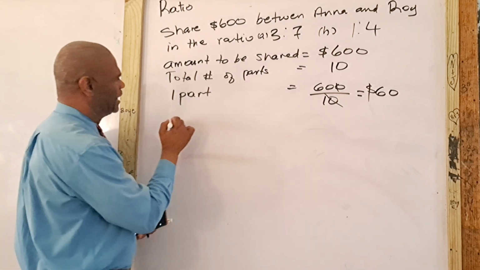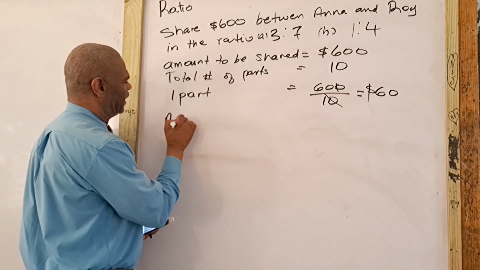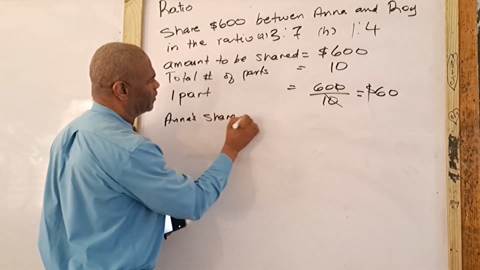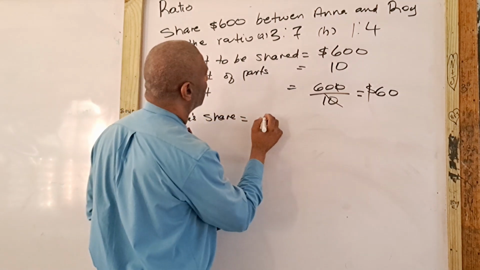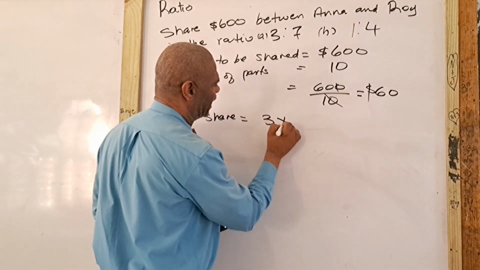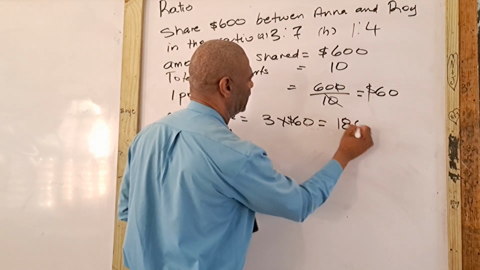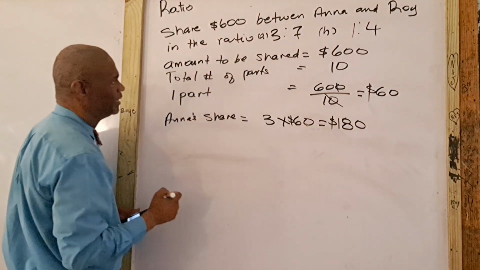Right? So Anna's share is equal to 3 times $60, equal to $180. 3 times 6 is 18.